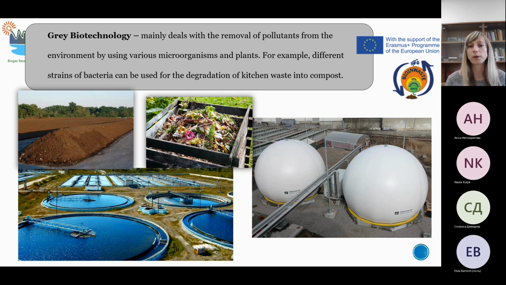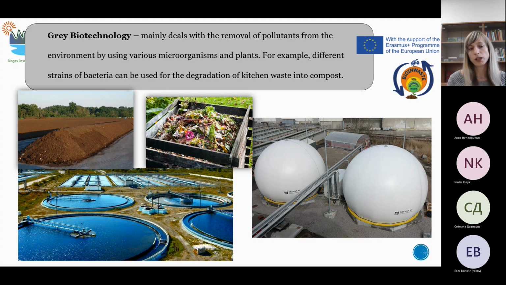So it's two options. And of course, we can use different biological agents. For example, different strains of bacteria can be used for the degradation of different types of waste, and also for cleaning and treatment of wastewaters and other sources.